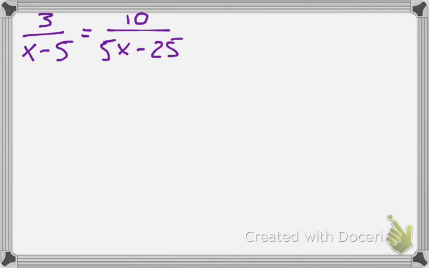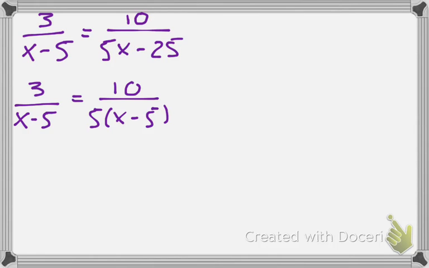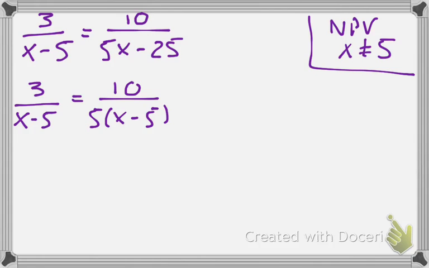Some things will stay the exact same. Our first term looks pretty good. Our second one, we see we have a GCF of 5. Just like before, we have to state our NPV, so maybe we'll do that over here. NPV, x cannot equal positive 5. All right, so some of it stays the same.